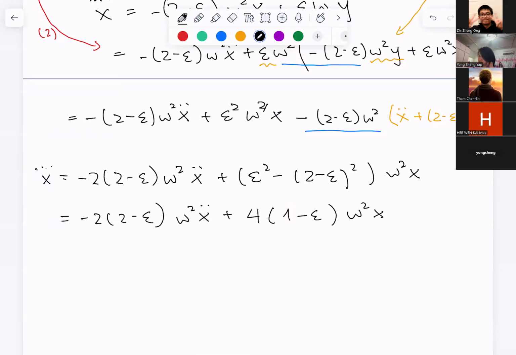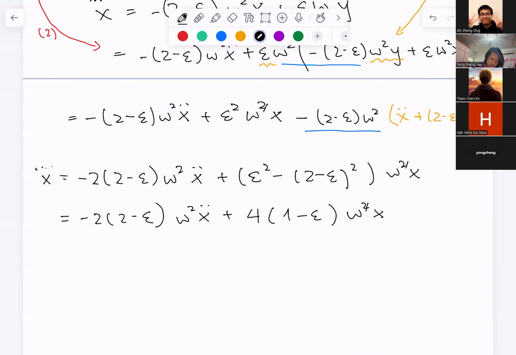So I think there's a typo here somewhere. There's an omega to the 4th somewhere. I think it's omega 4th is here. Okay. Yeah, this should be it. Or is it 2 minus 1 minus epsilon?